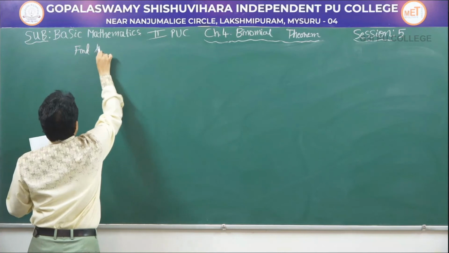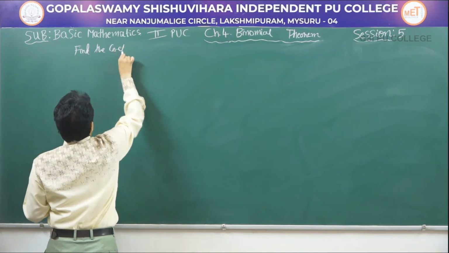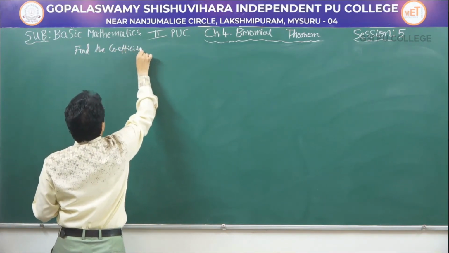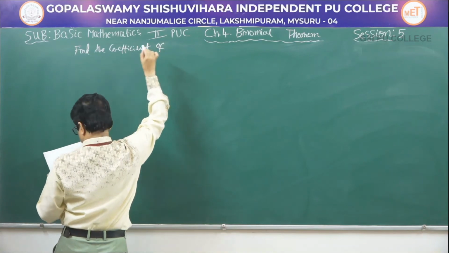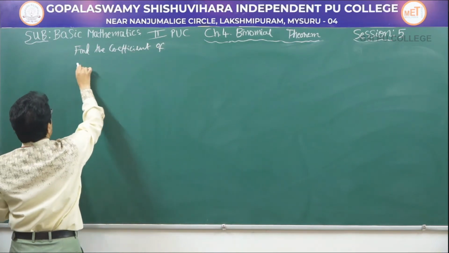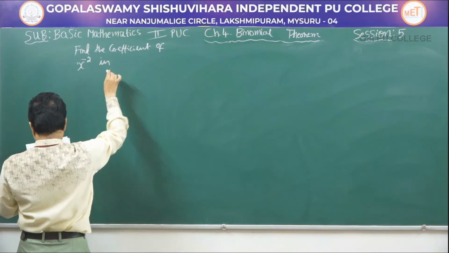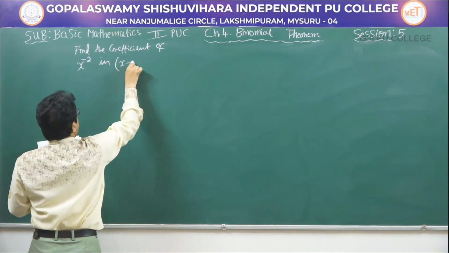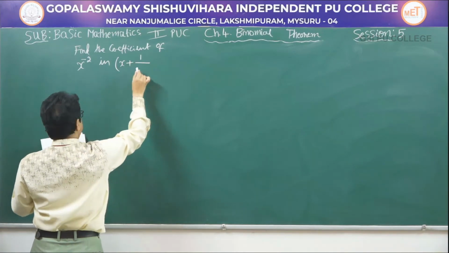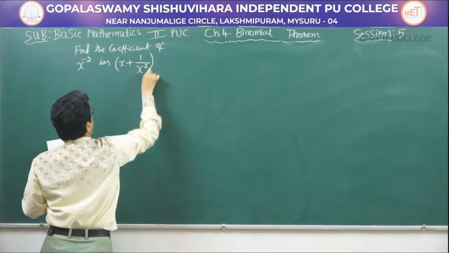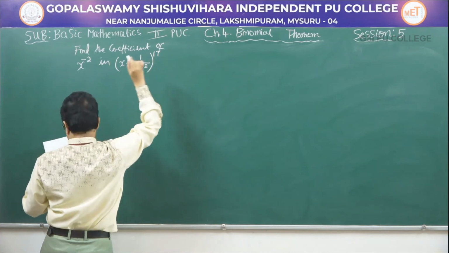Find the coefficient of x^(-2) in (x + 1/x^2)^17.